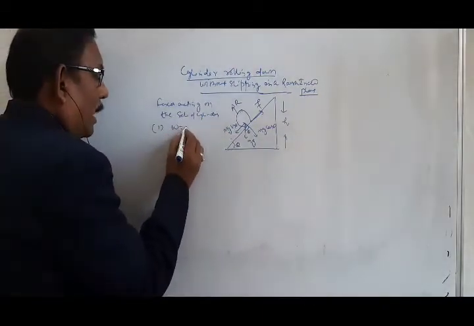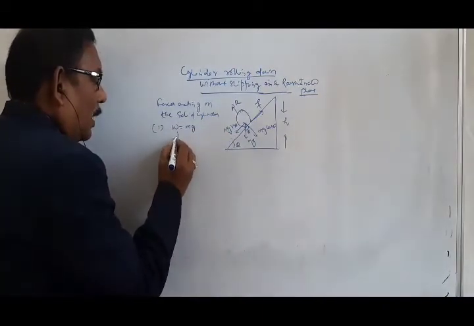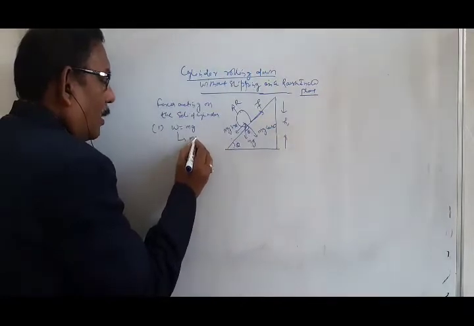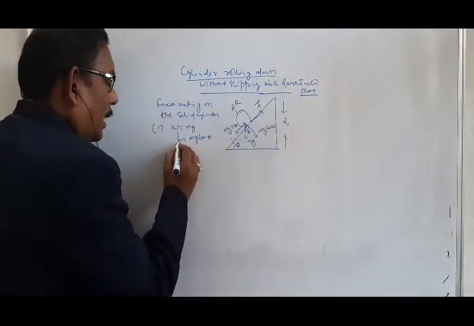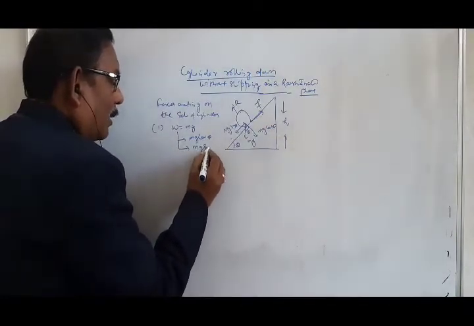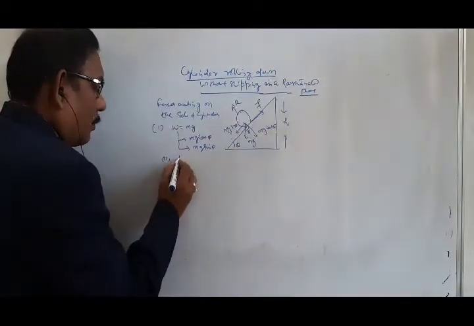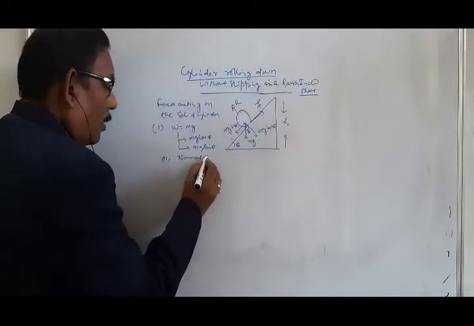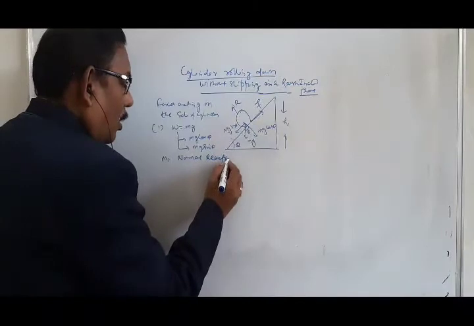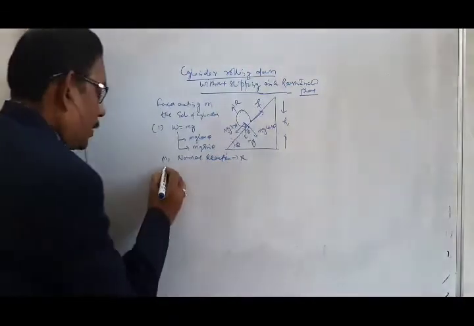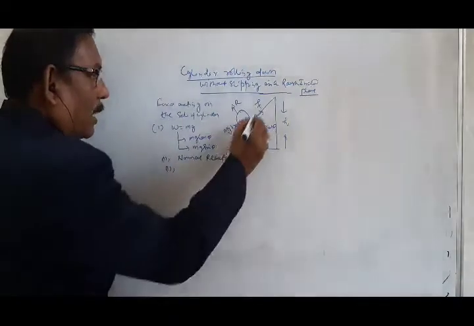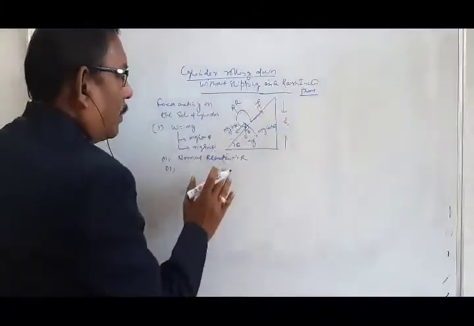One is the weight, that is mg. This weight has two components, mg cos θ and mg sin θ. Second is the normal reaction R. Third is the frictional force parallel to the plane.